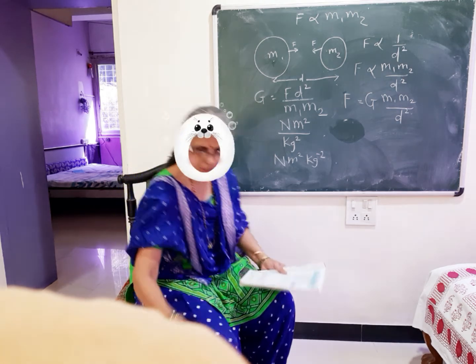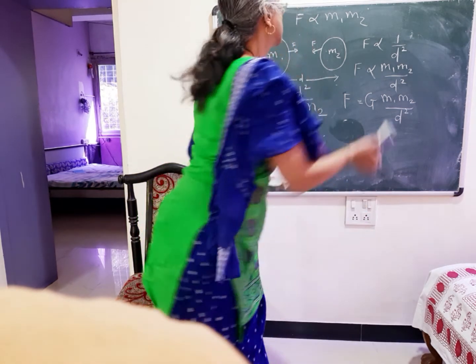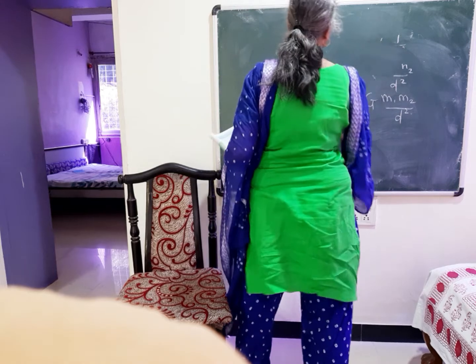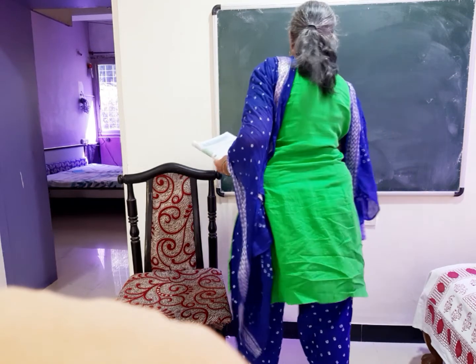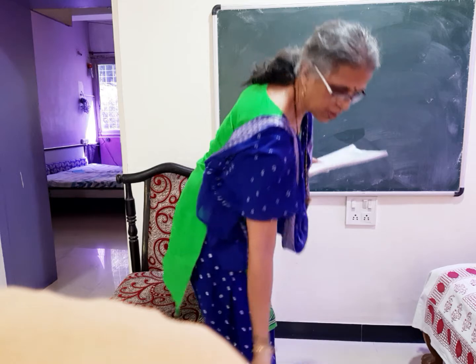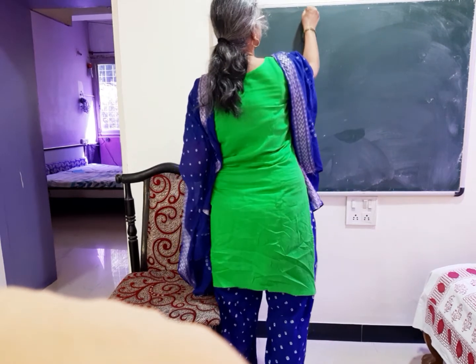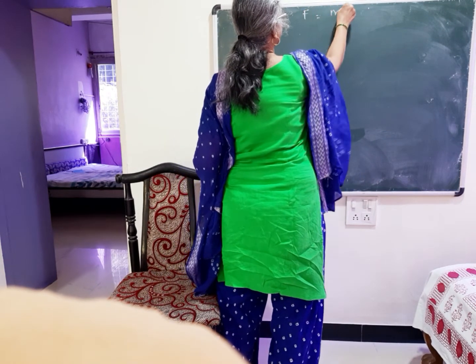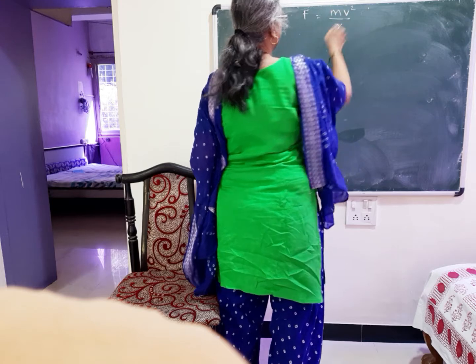The value of this centripetal force is given by F equal to mv square upon r. You have to remember this, F is equal to mv square upon r.